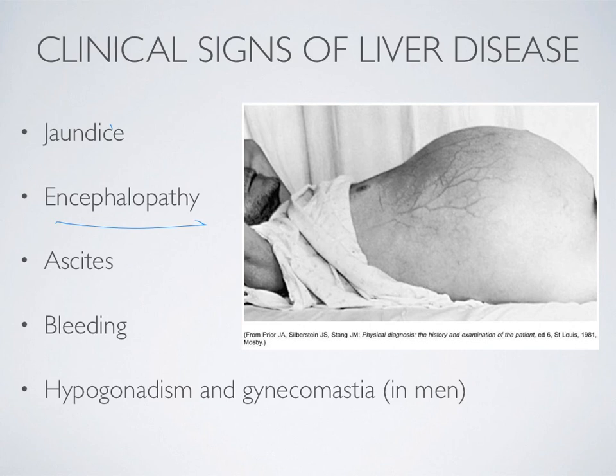Anybody know what ascites is? Yeah, it's accumulation of fluid in the abdominal cavity. Bleeding, we already saw the esophageal varices. So one reason that people with cirrhosis will have bleeding is because they have these high pressure veins. The veins have really thin walls, so they easily can rupture, and that can cause massive bleeding. What's another reason you might get bleeding? Related to the function of the liver.